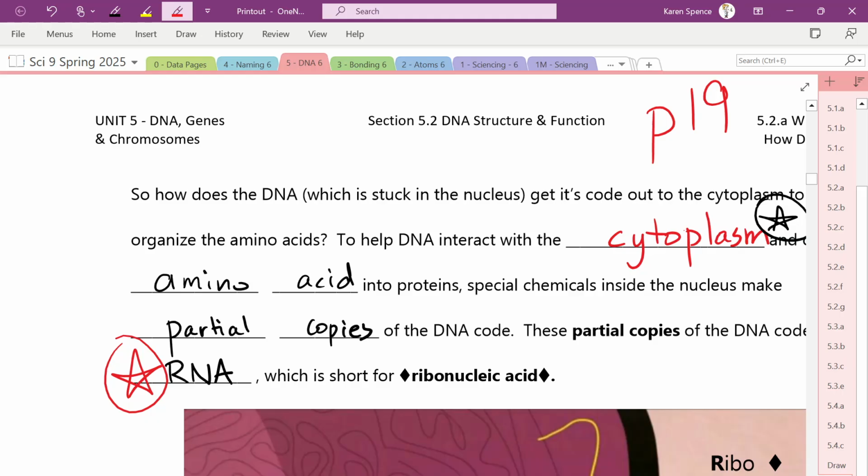RNA, the name is really similar to DNA, but it's just missing the D and the oxy. It is just ribonucleic acid.